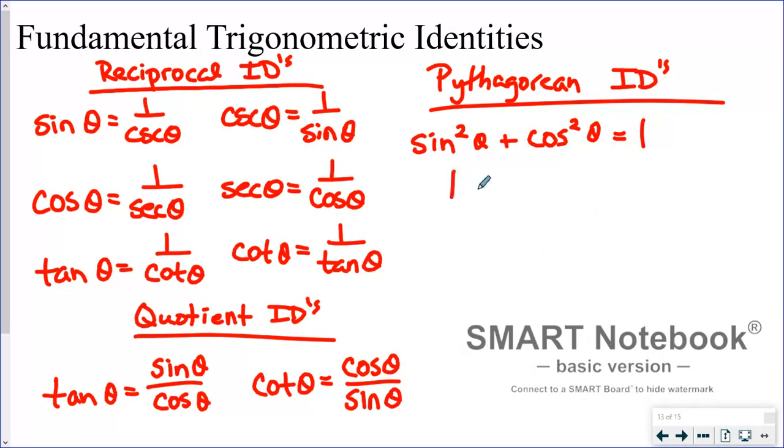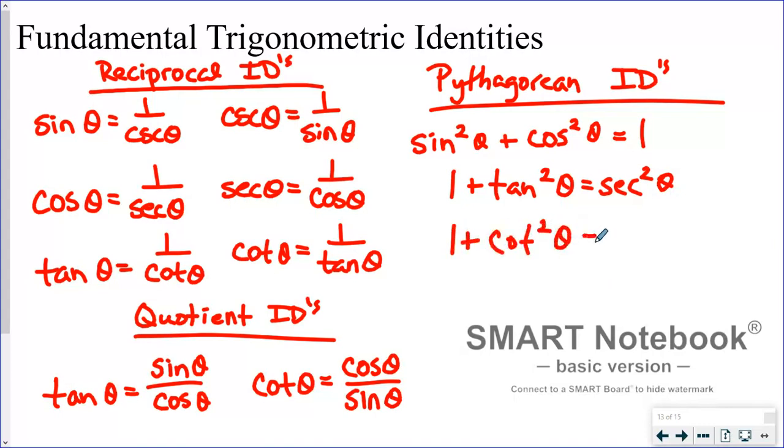All right, the next one we have is 1 plus tan squared theta is equal to secant squared theta. And 1 plus cotan squared theta is equal to cosecant squared theta.